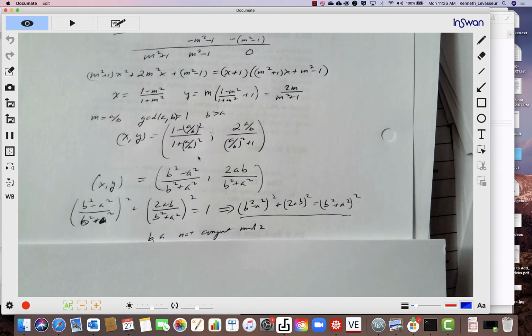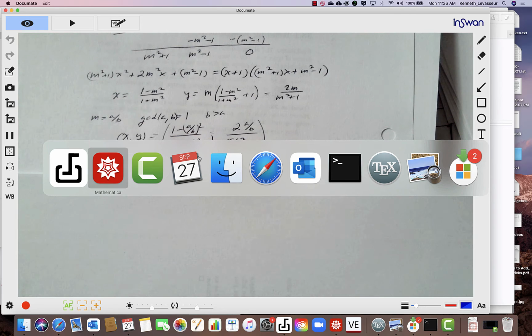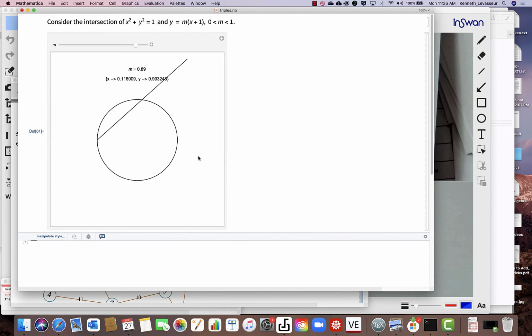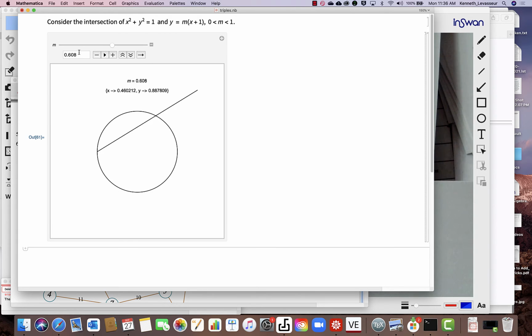So I'm going to go back to the Mathematica document. Now, as I was doing this, I was allowing m to vary, but using the slider, I get floating point numbers. But I can substitute a value. So let's take 4/9, for example.